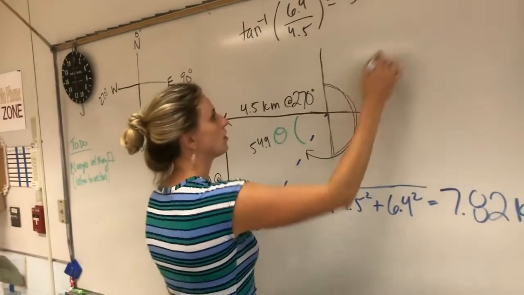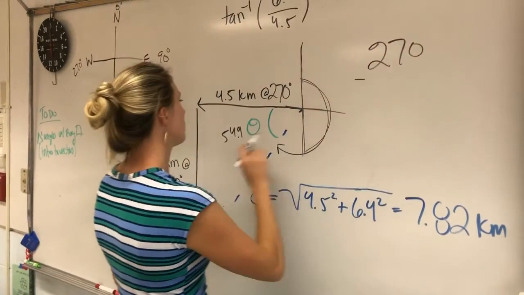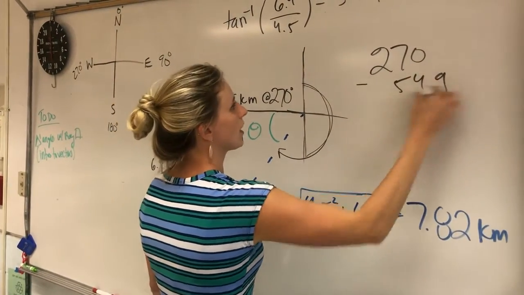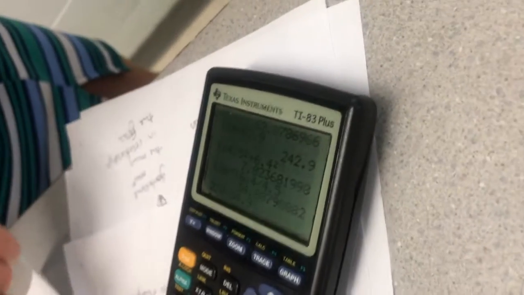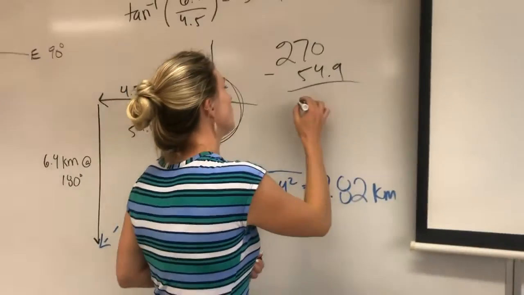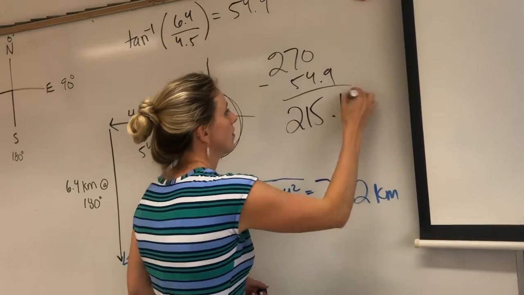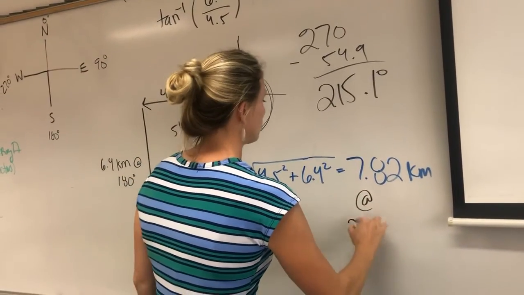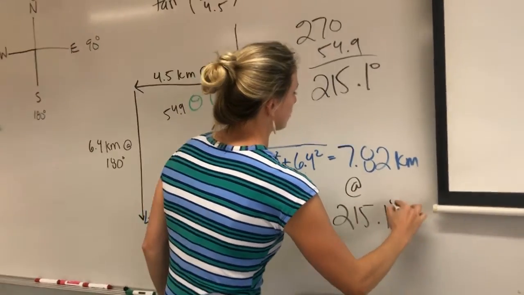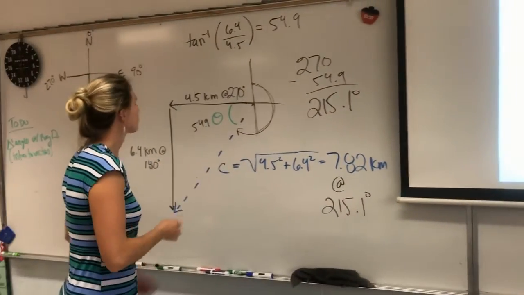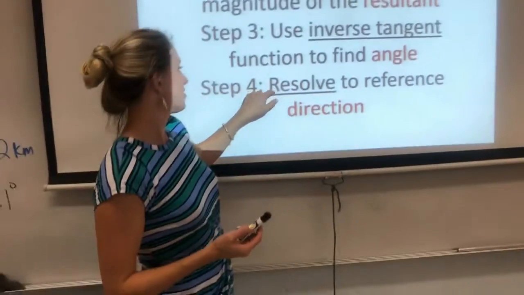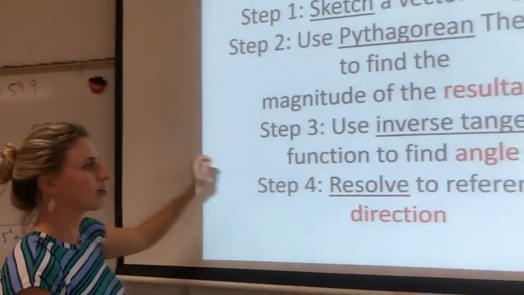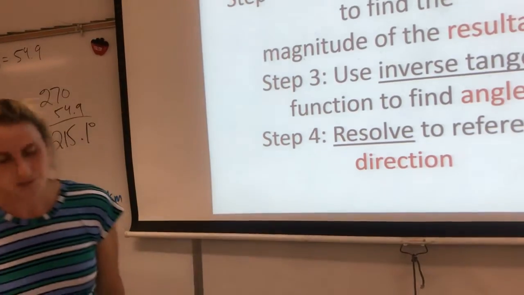Yes, because it's less than 270. 270 minus 54.9 is 215.1. And that's the direction, at 215.1 degrees. Done. And that last thing that we did, this math here, that's what I mean by resolve to reference direction. That extra step.